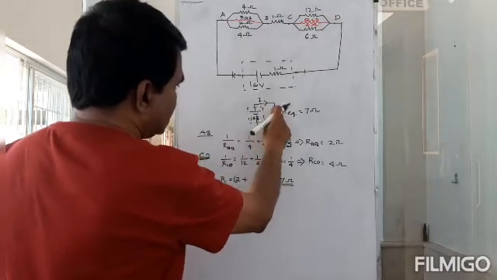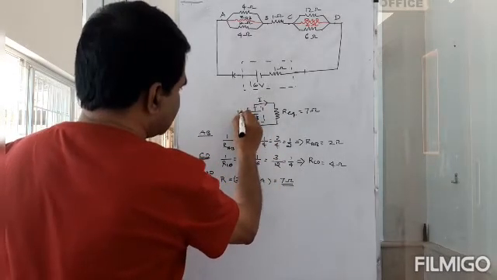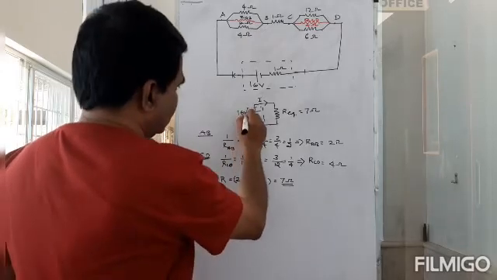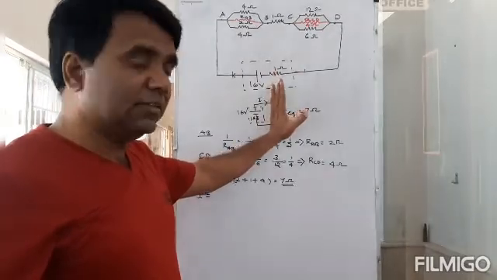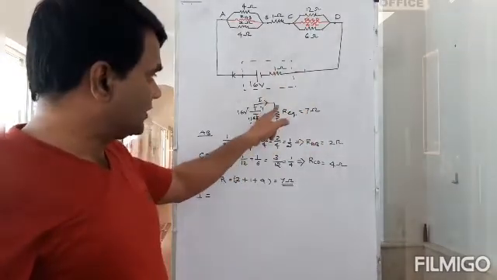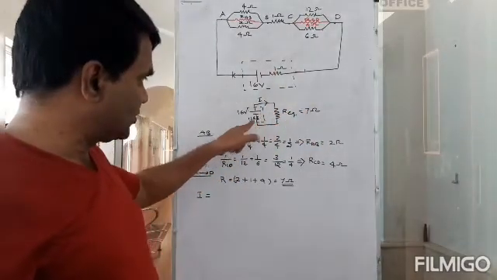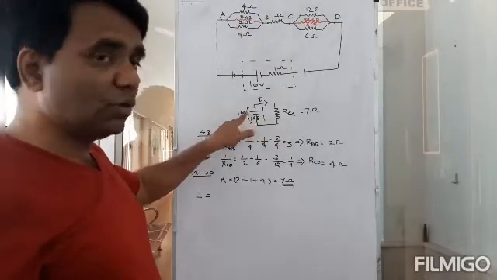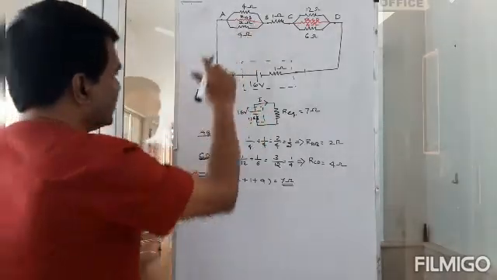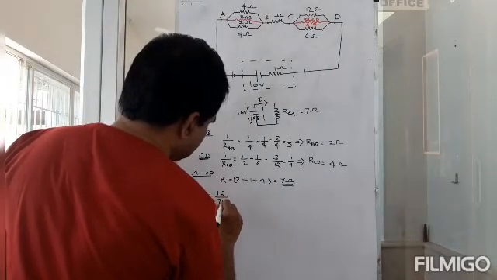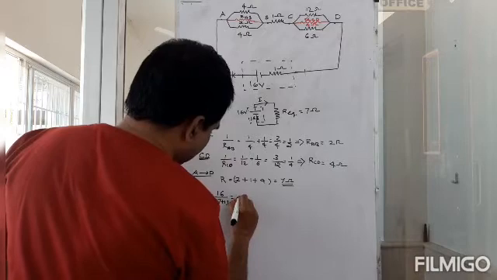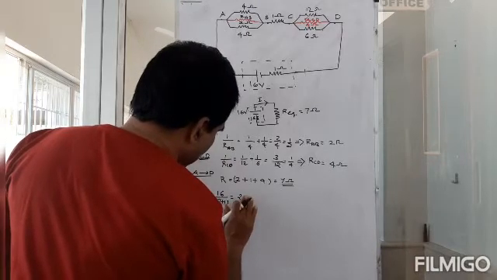So the internal resistance of the battery is 1 ohm, and the network equivalent is 7 ohms. They are in series, so 7 plus 1 is 8, and the battery is 16 volts. So the current that's going out is 16 by 7 plus 1, which is 2 amps.